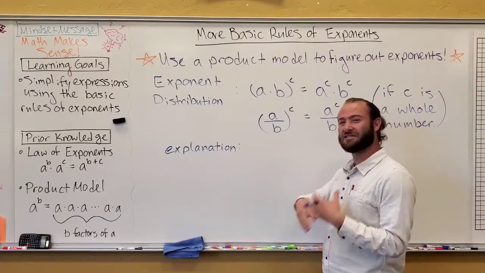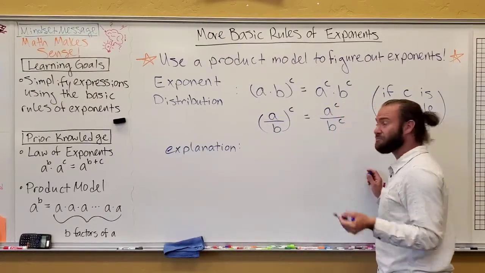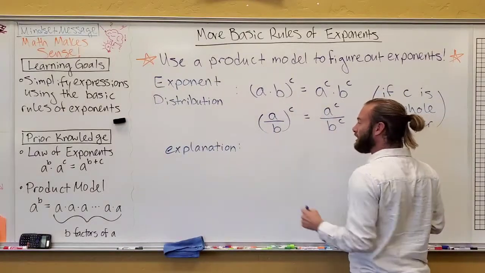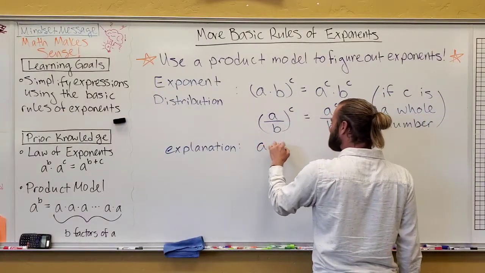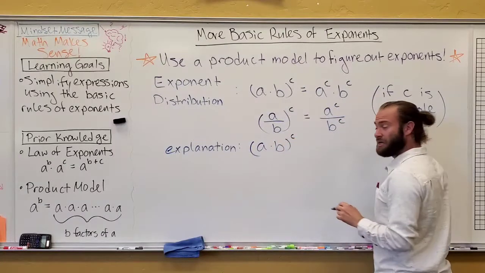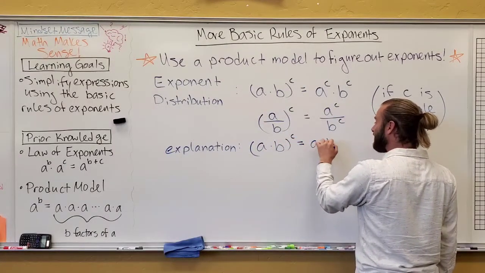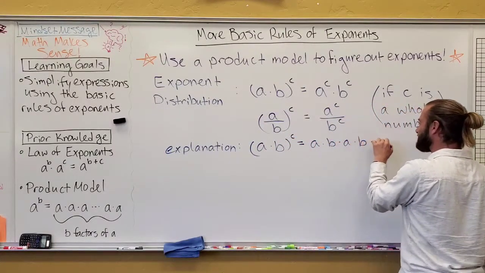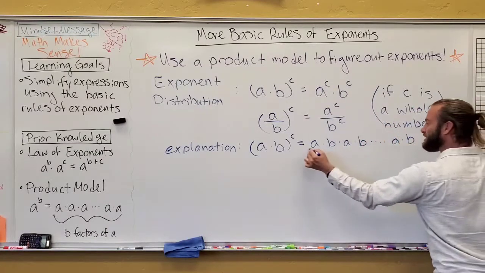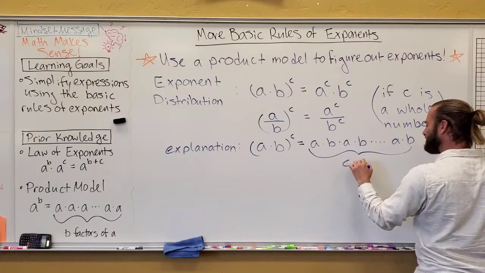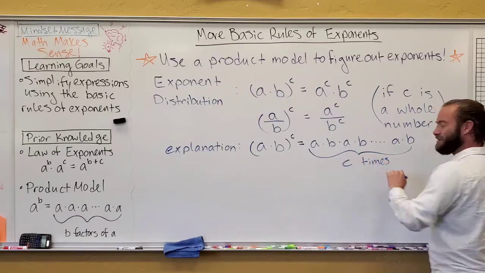We're going to attempt to at least explain it in a way that does prove it. Let's just look at the top one. Do you agree that a times b to the power of c is the same as saying a times b times a times b, etc., times a times b, c times, right?